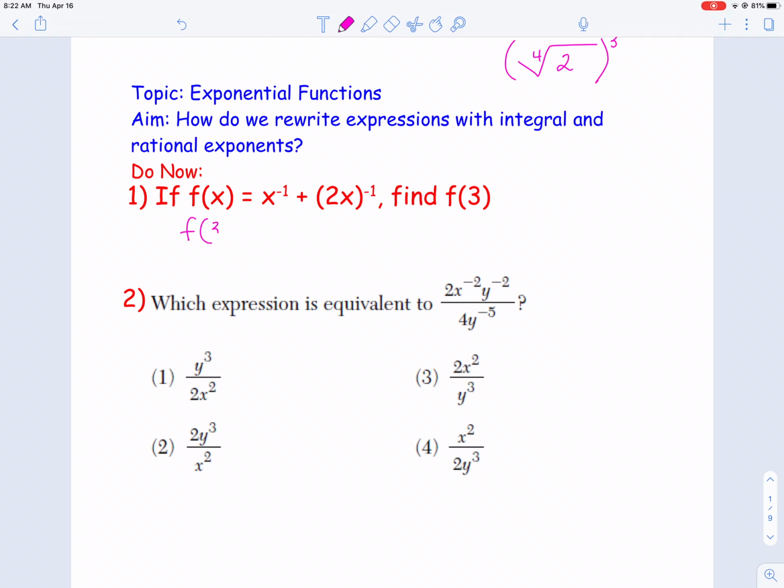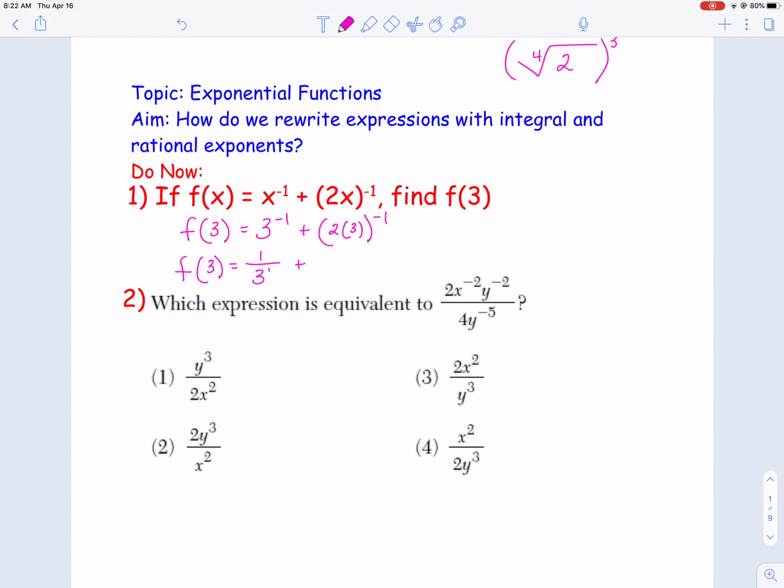So f of 3 equals 3 to the negative 1 plus 2 times 3 to the negative 1. We've got a lot of negative exponents, but let's talk about the first one. 3 to the negative first power is literally 1 over 3, which is just 1/3.